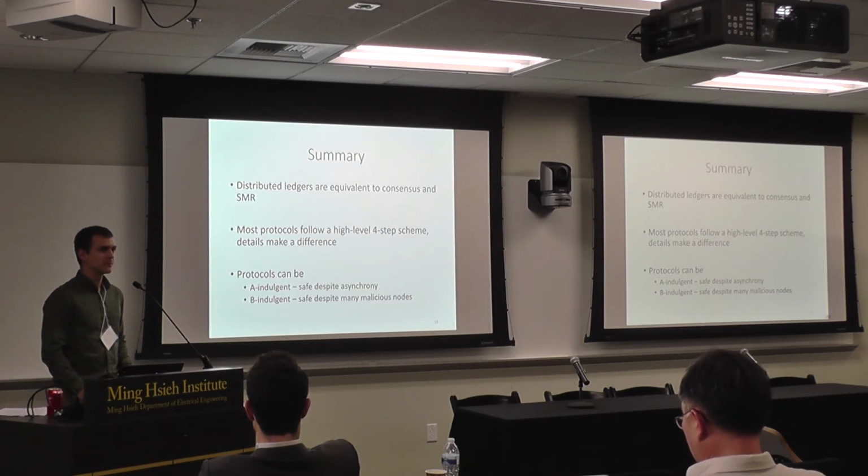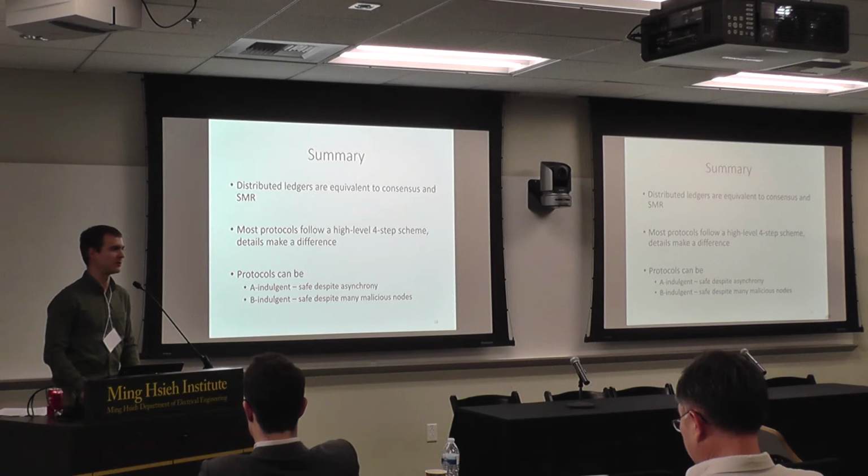To sum up my talk, I said that distributed ledgers are equivalent to consensus and state machine replication from a distributed system point of view, and that most protocols follow a very simple, very high-level four-step scheme that applies to how consensus and state machine replication is reached. And it's the details in how these protocols implement this scheme that make a potentially big difference in the guarantees the protocols provide.